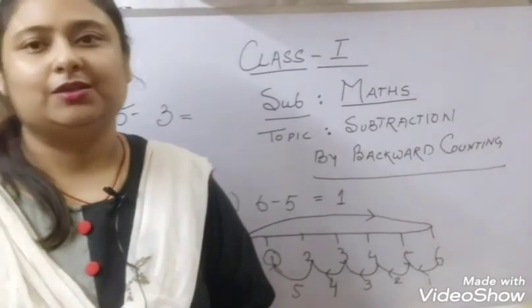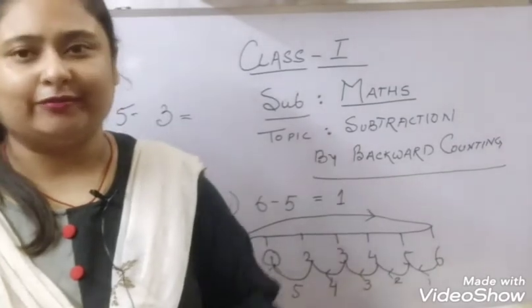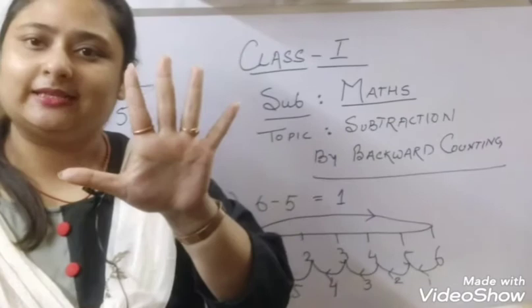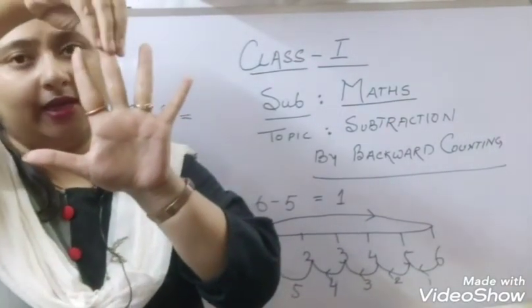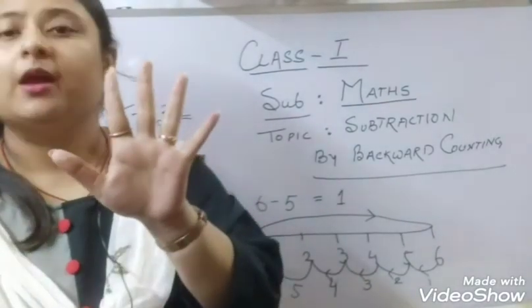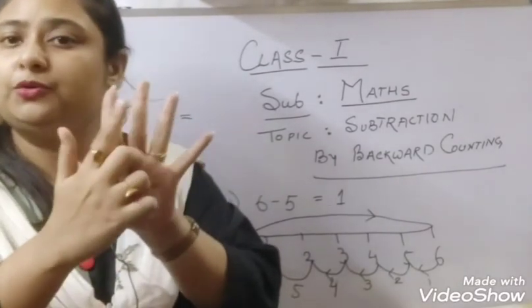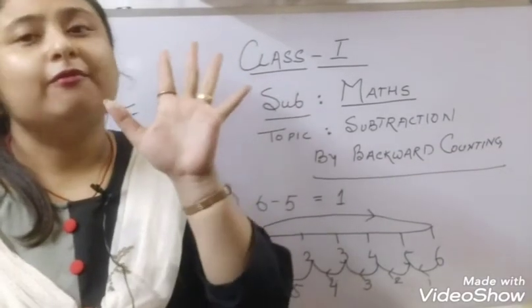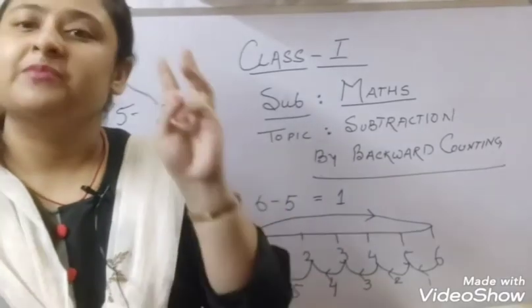Okay, so let's take number 5 on our fingers. So children, let's assume 1, 2, 3, 4 and 5. Now in these 5 fingers we need to do a subtraction of 3.